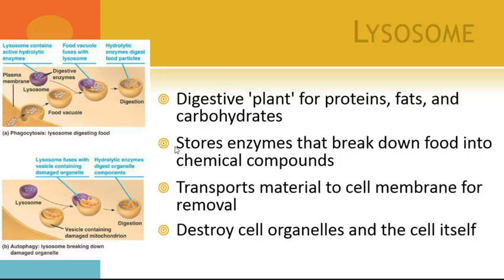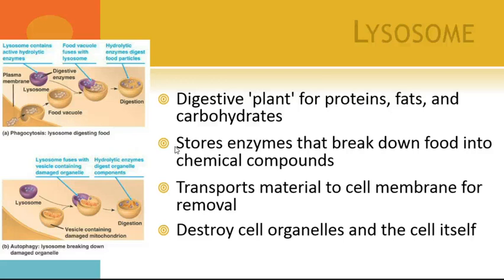And so if you can think about it, it's like your digestive system. They digest proteins, fats, carbohydrates, foreign bodies that are coming into the cell. But when you think of a lysosome, it's basically a little sac full of enzymes that break stuff down. And that could be, like I said, foreign invaders.